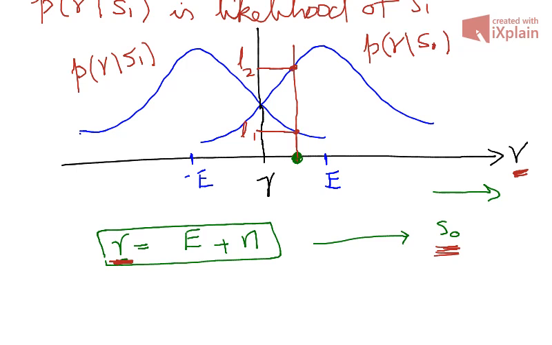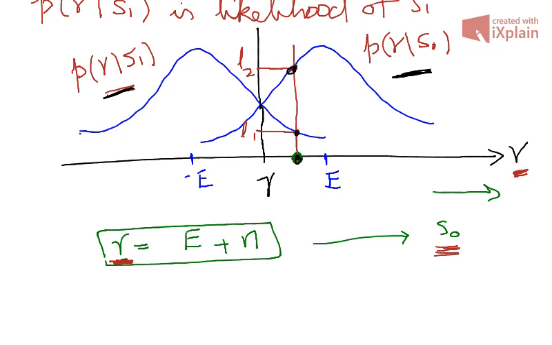We can see that the PDF of R given S0, the intersection value L1, is smaller than the intersection value here, and this value represents the probability density. On the vertical axis we have the probability density, or we can say the probability that this sample value belongs to this PDF, the likelihood function.